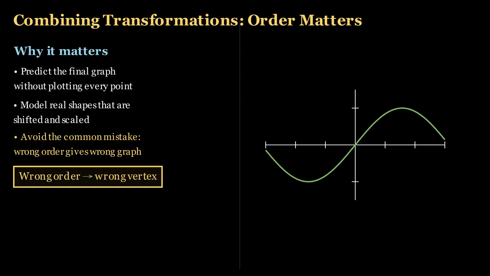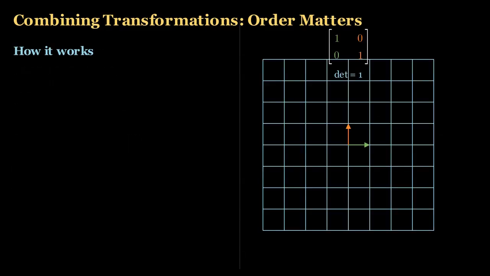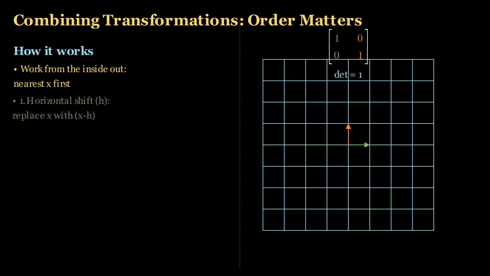Step 1 is the horizontal shift, controlled by h. We replace every x with x minus h, which slides the graph h units to the right. Step 2 is the horizontal stretch or reflection, controlled by b. We multiply the x by b. If b is bigger than 1, it is a horizontal compression, squeezing the graph inward.